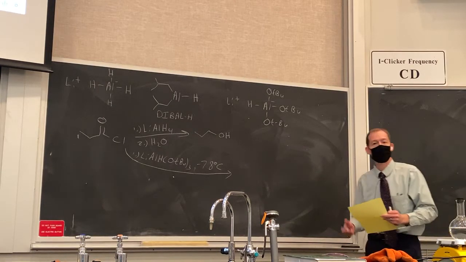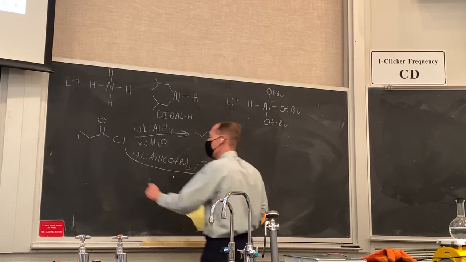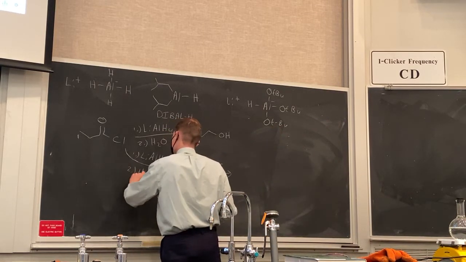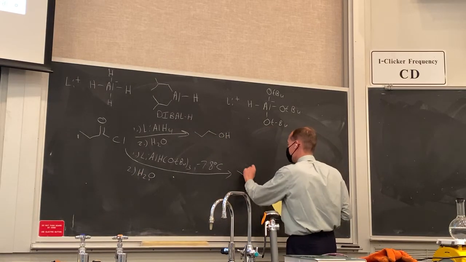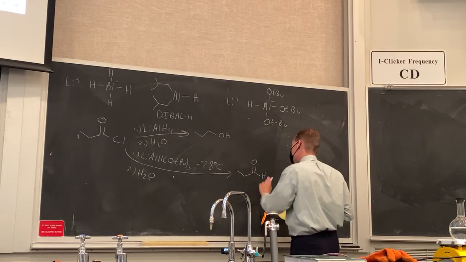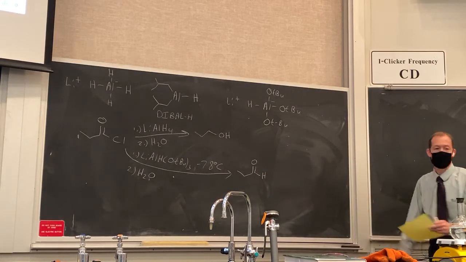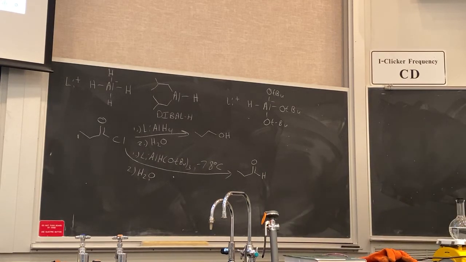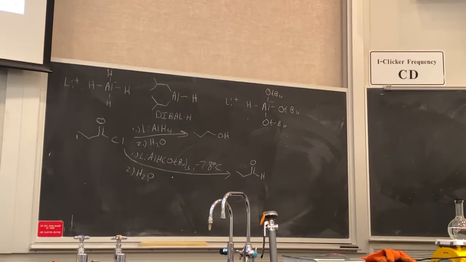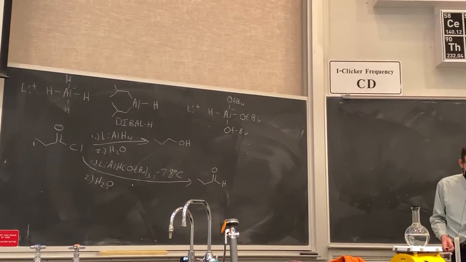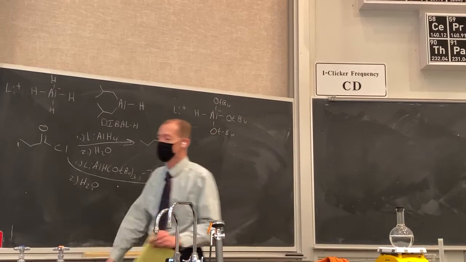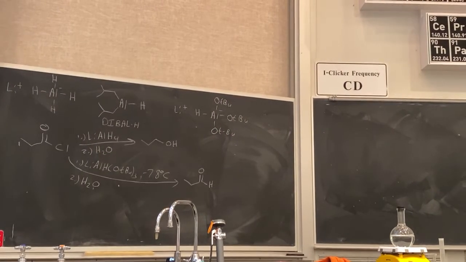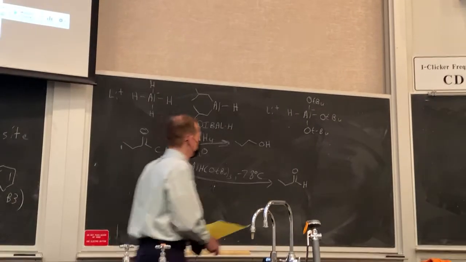It's a critical part of this reduction. And then you're adding water. In this case, you're going to generate the aldehyde. Okay? So we're not reducing it all the way to the primary alcohol. We're stopping at the aldehyde. Okay? The same thing applies to esters.